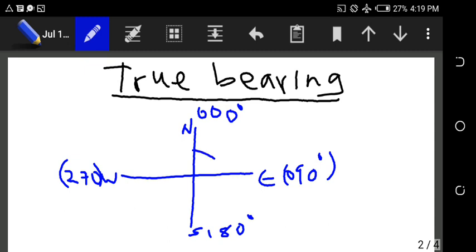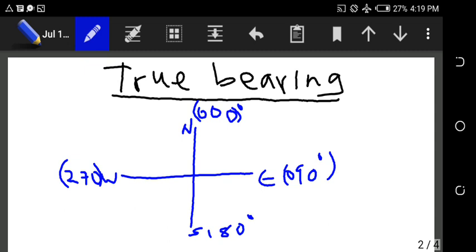When you move from the north all the way down to this point, that is 180 degrees. From the north all the way down to this point, that is 270 degrees. And when you move from the north back here, you have moved 360 degrees, and you are back to 0 degrees.